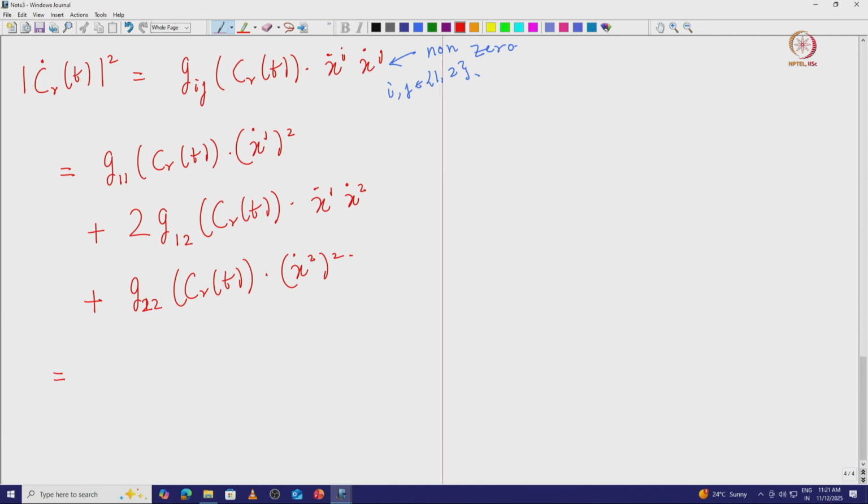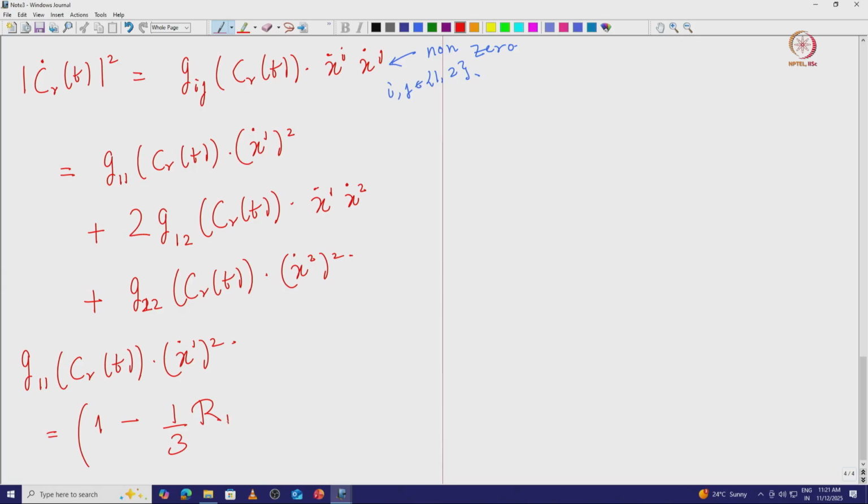So let's analyze each term. So what is G11 of Cr of t times x1 dot squared? Well, by the Taylor expansion this is given by delta 11 which is 1, minus 1/3 you will have curvature terms. Now curvature terms will be of two kinds.